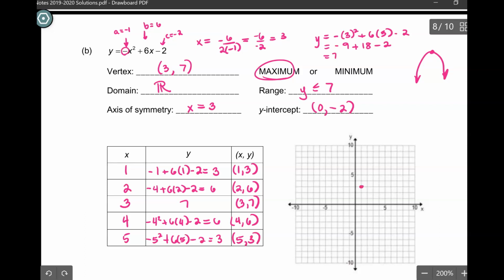So 1, 3 here, 2, 6 goes here, 3, 7, 4, 6, and we have 5, 3. And the vertex we're going to label is 3, 7.